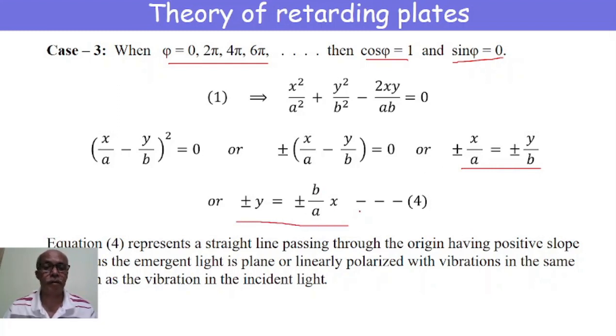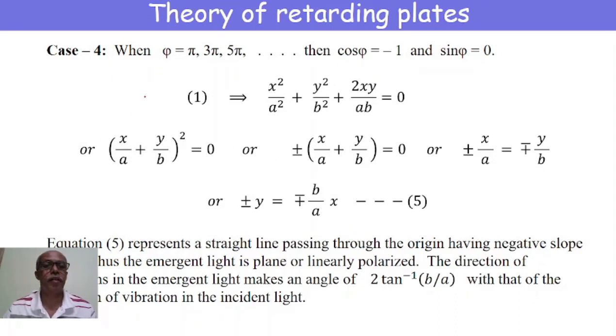This equation represents a straight line passing through the origin having positive slope b by a. Hence, emergent light is plane polarized or linearly polarized with vibrations in the same direction as that of the vibration of the incident light, if equation 4 is satisfied.